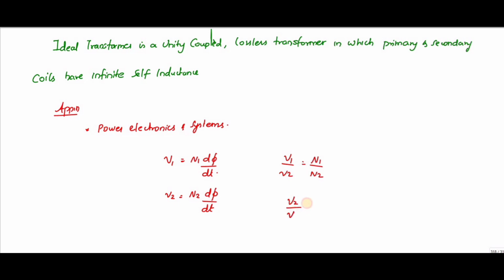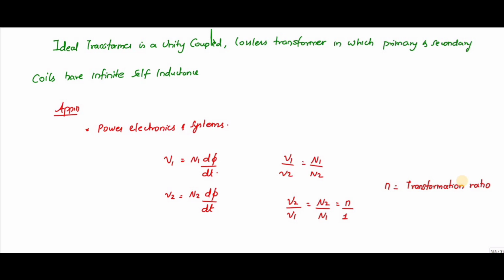So V2 by V1 is equal to N2 by N1, which is N by 1. This N represents the turns ratio or transformation ratio.